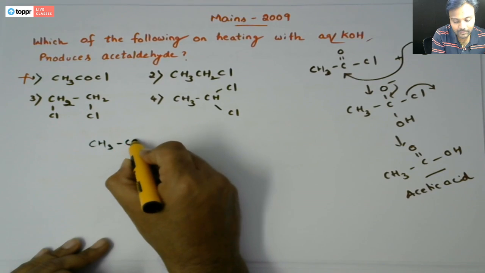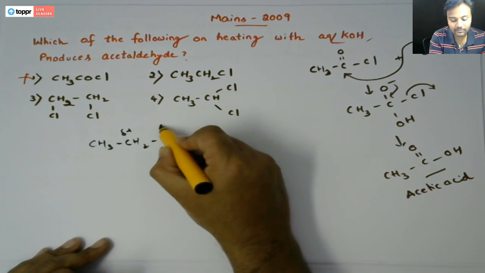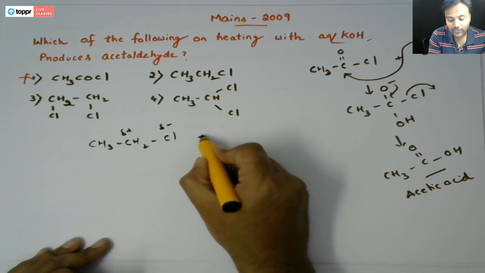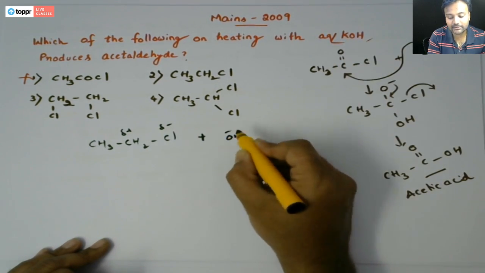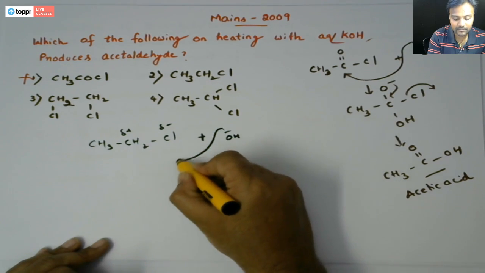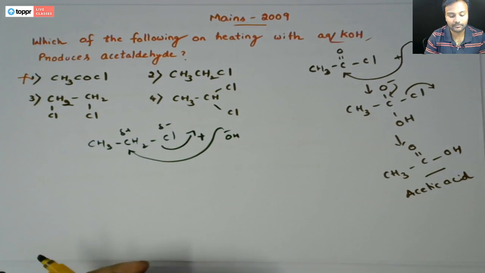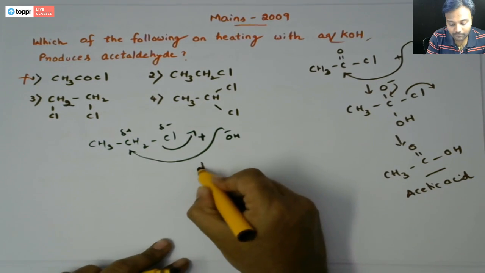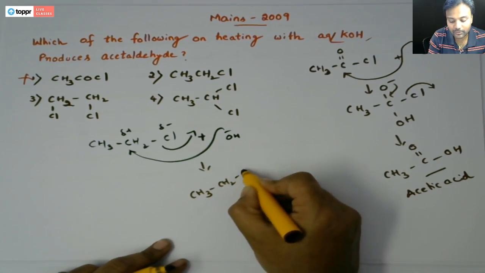CH3CH2Cl. So we have positive charge here, negative charge here. When this is treated with again OH minus, very simple, attack of negative charge, replacement of this one. The compound formed here is CH3CH2OH.